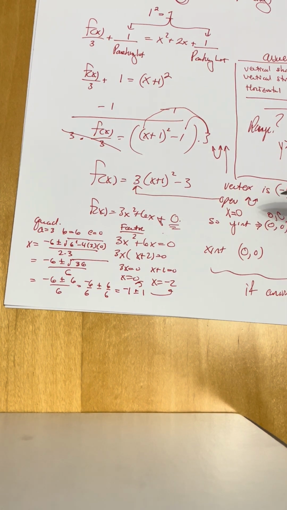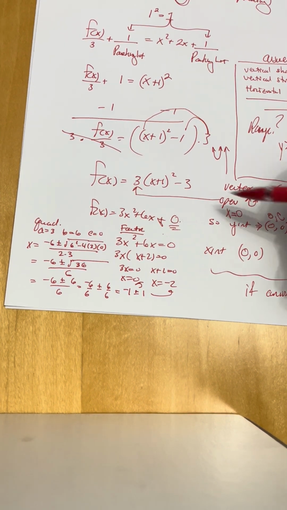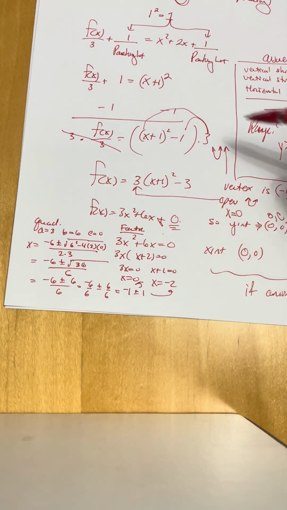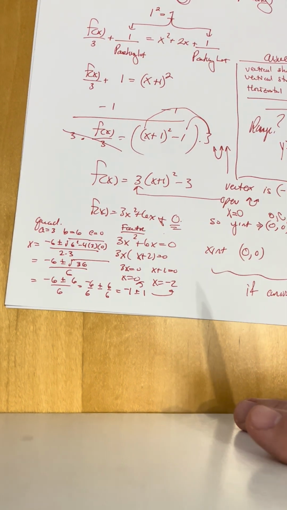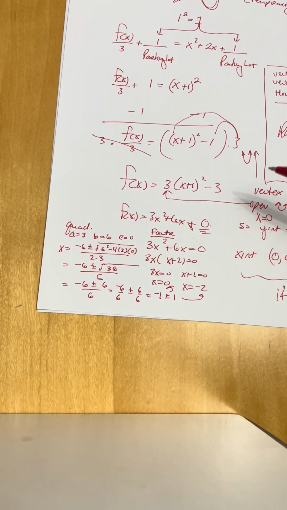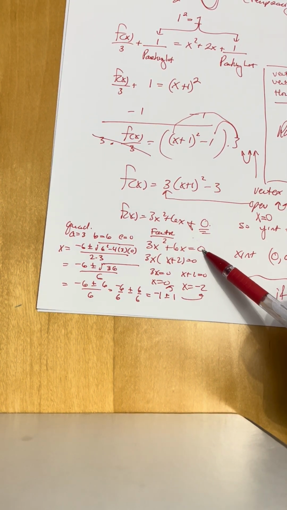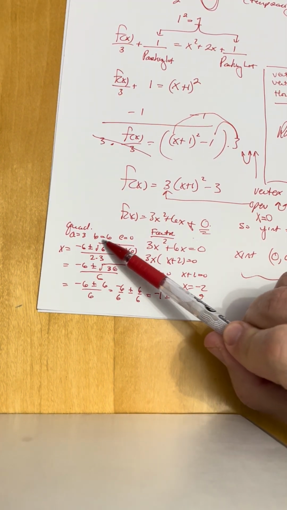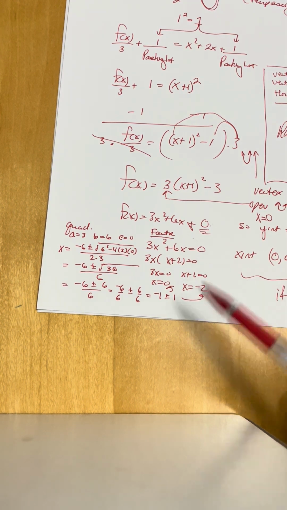Now, to get the x-intercepts, I hope I said y-intercepts earlier, but to get the x-intercepts, there's two ways you can do it. Remember, you set it equal to 0. You let the y be 0, and you either can factor it, which is here, or you can use the quadratic formula, where your a is 3, your b is 6, and your c is 0.